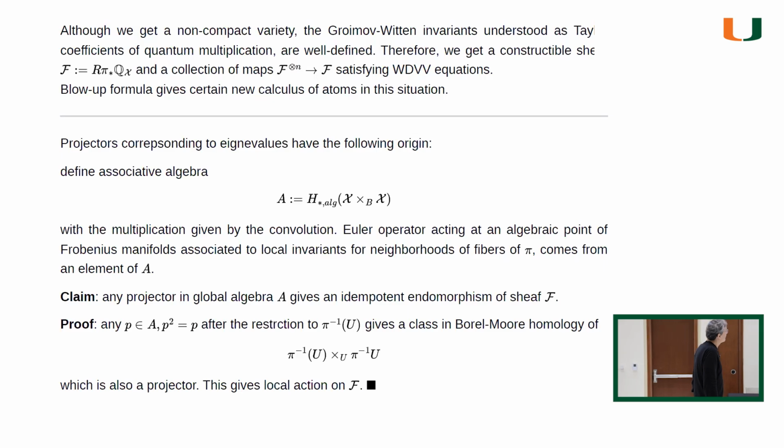And the reason is the following. When you make a projector of the algebra, you can restrict to an open subset and interpret elements as Borel-Moore homology. If the base is not compact, you consider Borel-Moore homology of the same fiber product, it will be again an associative algebra. You get a homomorphism to any open domain, then it will be a projection on the open domain, and then you get a direct sum decomposition.